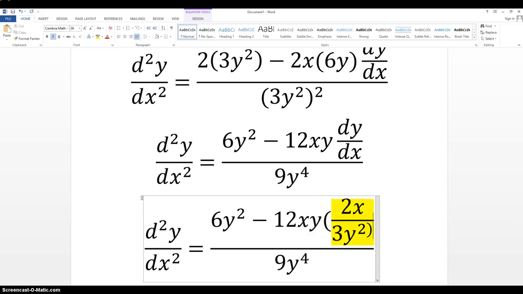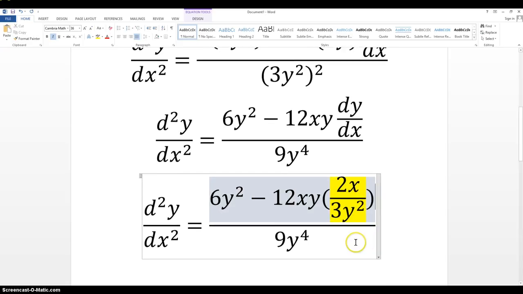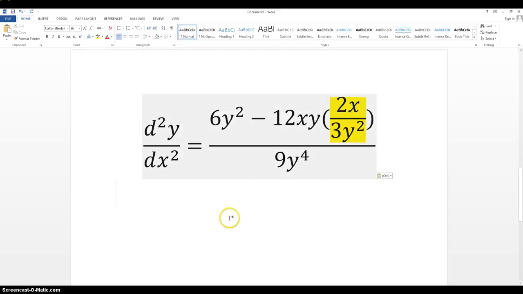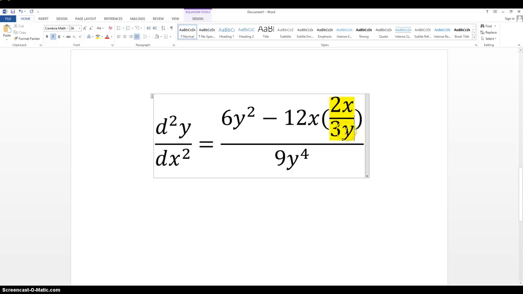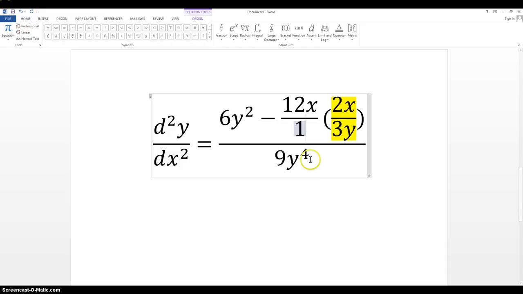And then the only thing that's left for you to do is to basically cancel out some terms. This y will actually cancel out with one of the y's here, so this y will go away, leaving us with just a y here. And then we can multiply top times top, because this is the same thing as saying 12x over 1.